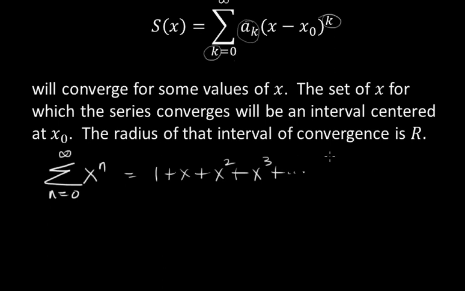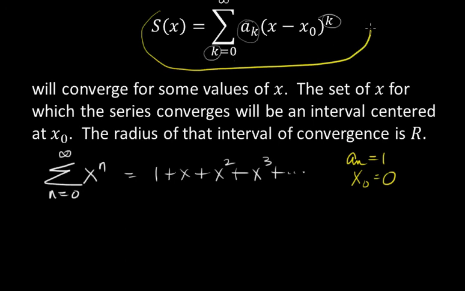Notice the a sub k here, or the a sub n, is just equal to 1. There are no coefficients. And x naught is equal to 0, x minus 0 to the n. So make sure that you see that this does fit this general definition of a power series.